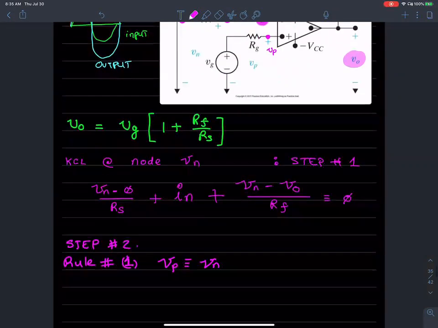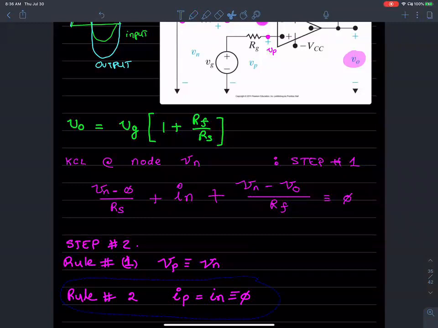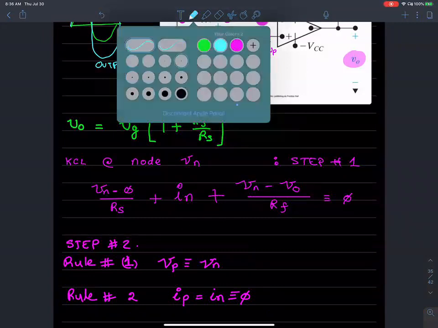Okay, rule number 2 states IP, In is 0. So in other words, this guy, rule number 1... I'll do it this way.